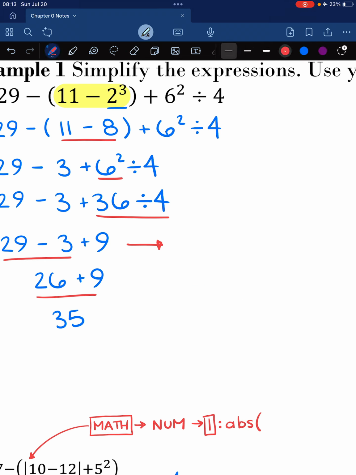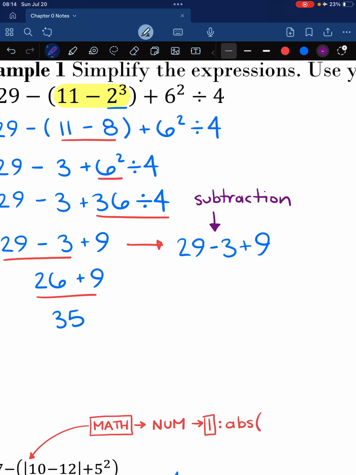And so what we can do to avoid mistakes with the order of operations, it kind of adds an extra step, but what we can do is think of this instead of 29 minus 3 plus 9. So this is a subtraction symbol, and that's really important for you to understand in the calculator, is that you should type this in with a subtraction symbol, because the subtraction key and the negative key are different on the TI-84. Okay, so this is subtraction.